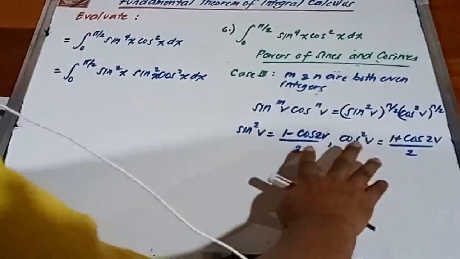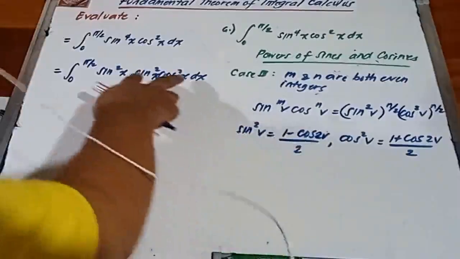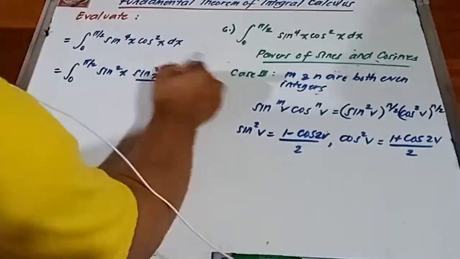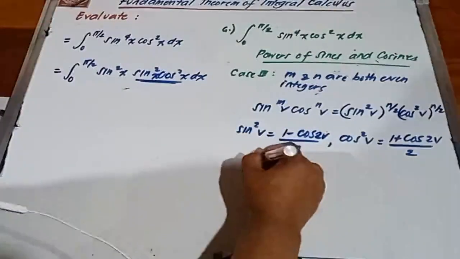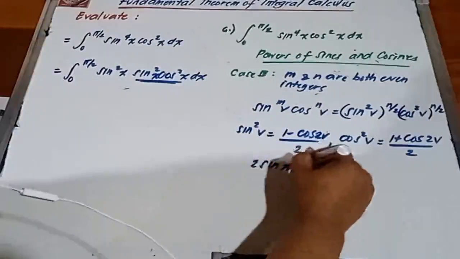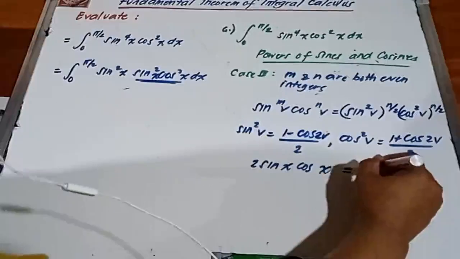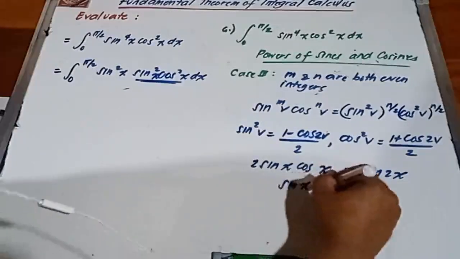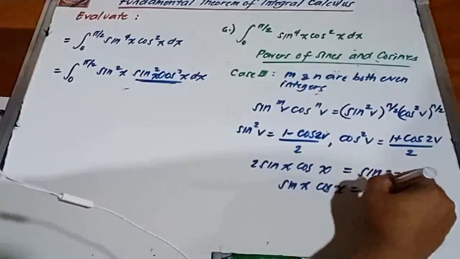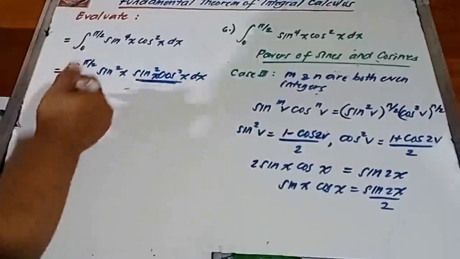Pero nung pag ginamit natin, medyo mahaba ang solution. Ito na lang gagamitin ko, and what I'm going to do to this expression, gagamitin ko isang identity, which is 2 sine x cosine x is equal to sine 2x. So, therefore, yung ating sine x cosine x is the same as sine 2x over 2. Okay? So, ito. Gamitin natin.